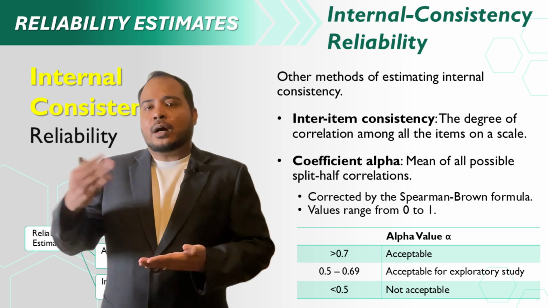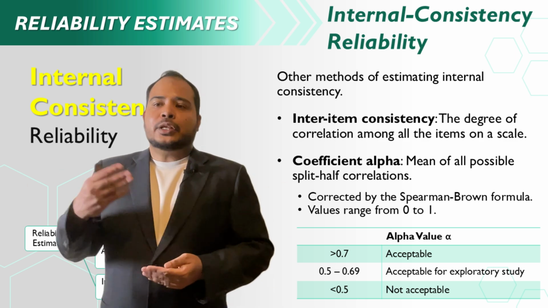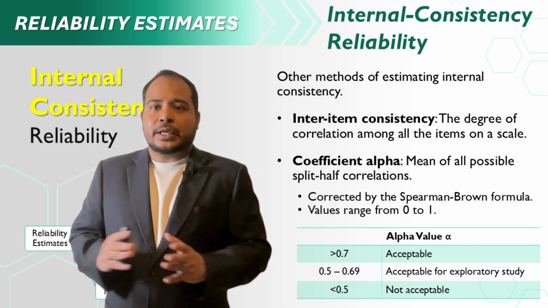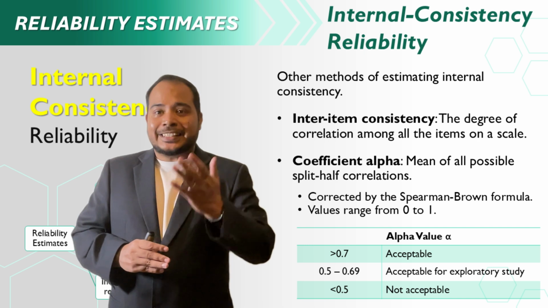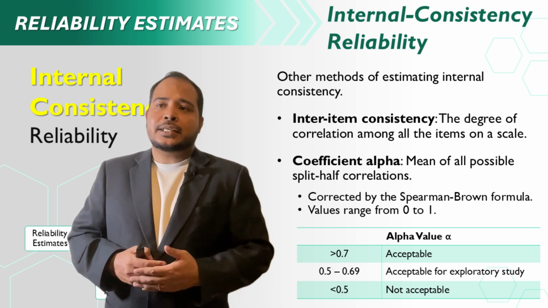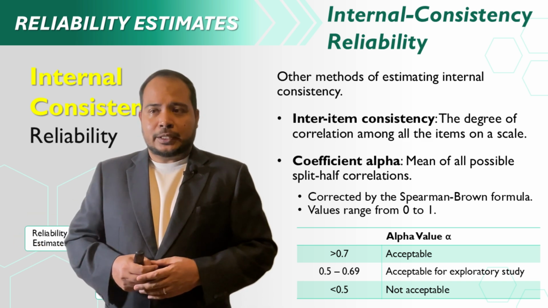So if you calculate your Cronbach alpha in SPSS, for example, and you get 0.7 and above, then most psychologists or most researchers will accept that your scale, your measure, your inventory, or your test demonstrates internal consistency reliability.